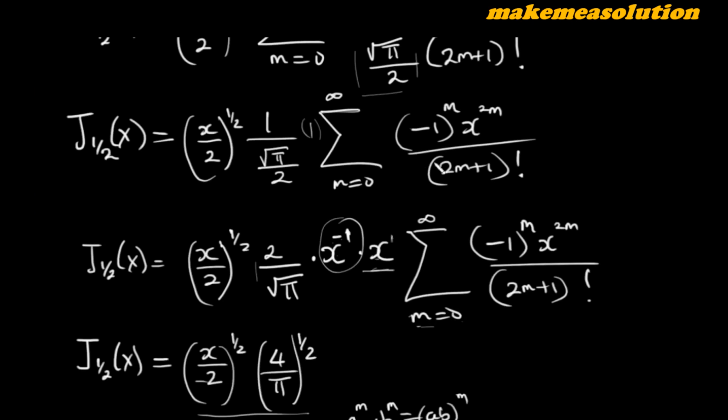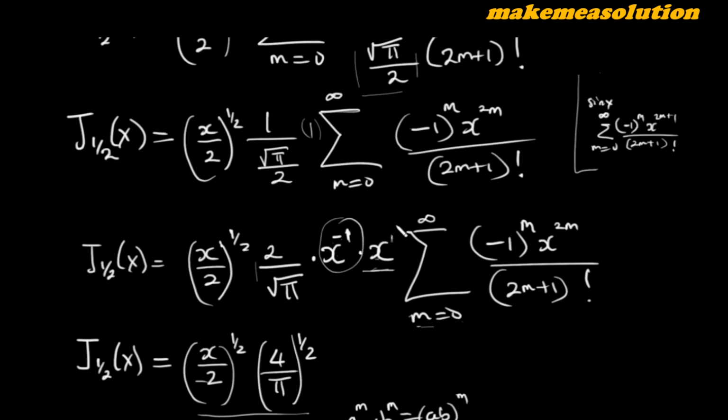You simplify gradually. As you're simplifying, have in mind the power series expansion for sine x, which is the summation from m equals 0 to infinity of (-1)^m x^(2m+1) all over (2m+1) factorial. So as you're simplifying, have that at the back of your mind.